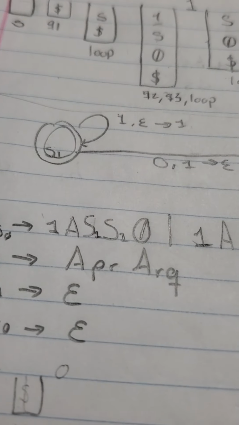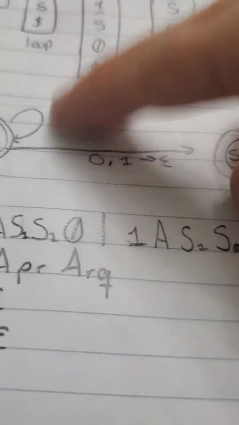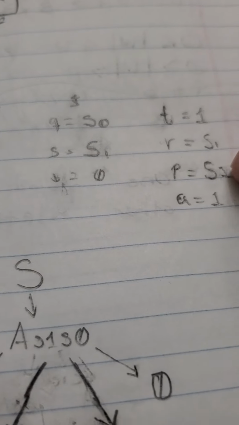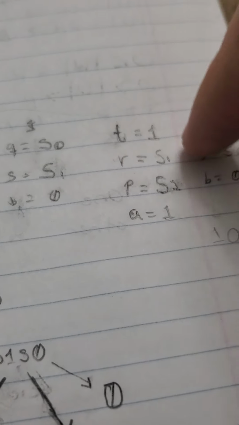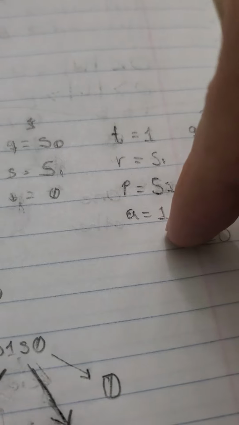R should be my source, and my P should be my destination, which should be the same one. A should be what I have, and T should be what I'm popping. So my T, R, P, and A should be 1, 1, 1, and 1.